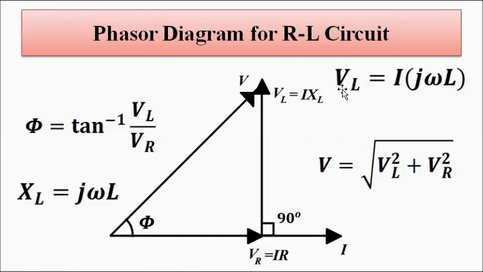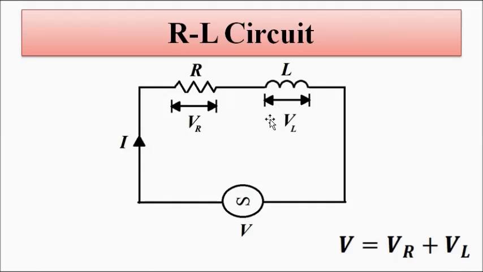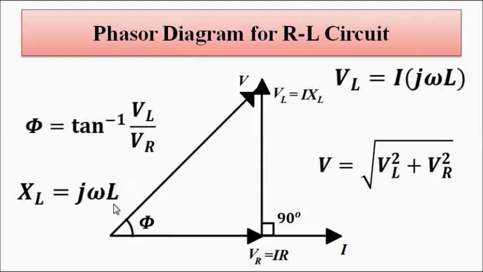If we draw the phasor diagram for VL and I, VL is 90 degrees leading with respect to I. Now combining these two, VR and VL, to draw the phasor diagram for the total voltage V and I, we just have to follow the triangle law of vector addition. VR and VL are the two vectors, and this is the resultant vector V. This concept will be utilized here.